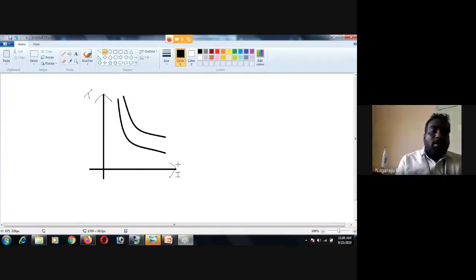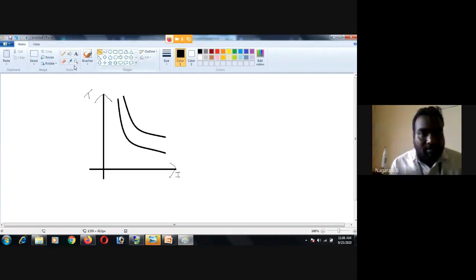Remember, when 100% rated value is there, say the fuse is designed for 5 amps rated, always remember that the minimum melting curve you have to draw with a 4 amps rate. Minimum amount of time, so minimum amount of current it should require.